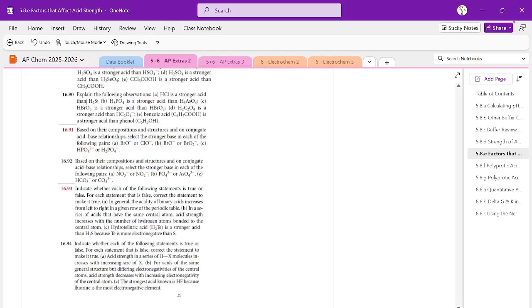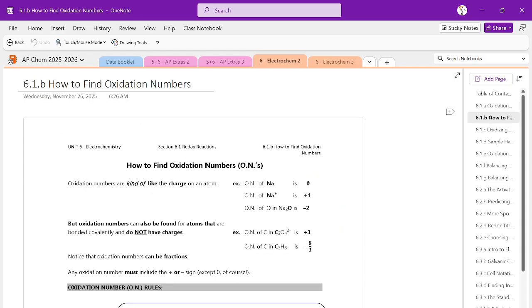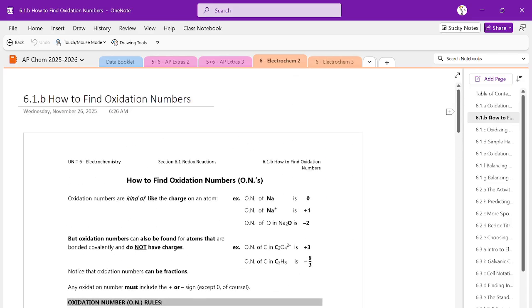All right. So are we good? Okay. We still have 12 minutes left. And because I'm the slow teacher, we are going to go to 6.1b, how to find oxidation numbers. So we are on our yellow book on page 5.